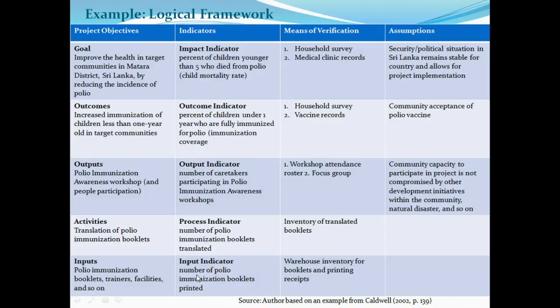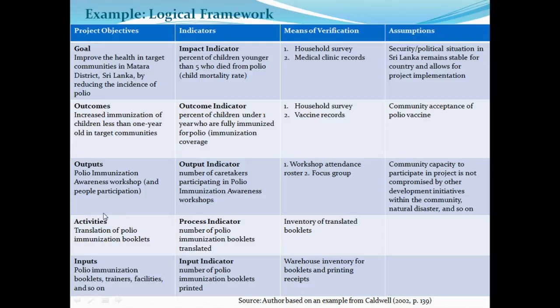So the indicator is the number of polio immunization booklets printed. How many booklets are you going to get printed? And how can you verify? So the warehouse inventory will show you the exact number that you have printed of the polio immunization booklet. So this is one of the evaluation techniques that you can adopt.